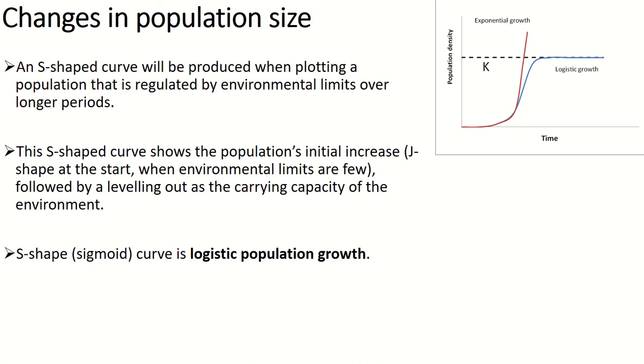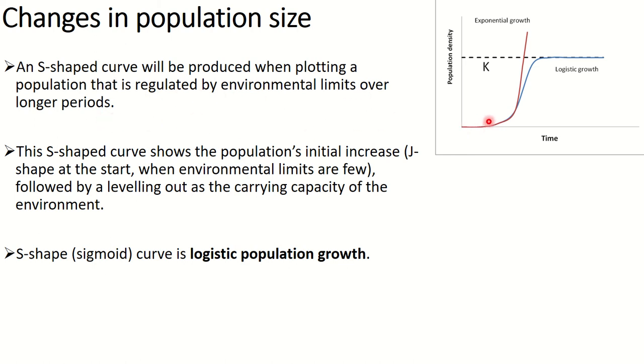Perfect. And this is what it looks like. So an S-shaped curve. Remember, we started with a J-shaped curve of population growth when it's exponential. Now you have what we refer to as an S-shaped curve, and we're referring to this S shape that the curve makes. And what is that? It will be produced when plotting a population that is regulated by environmental limits over long periods of time.